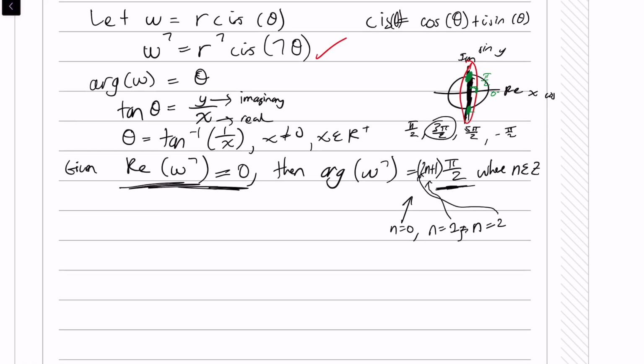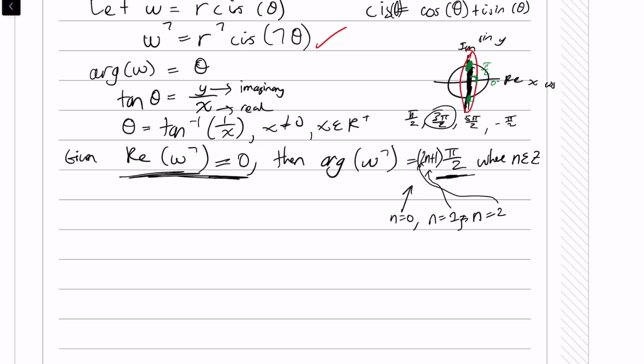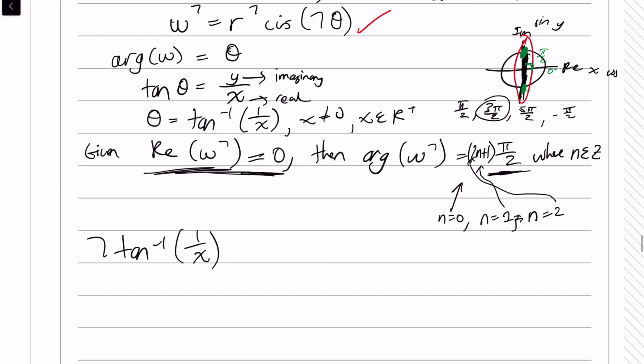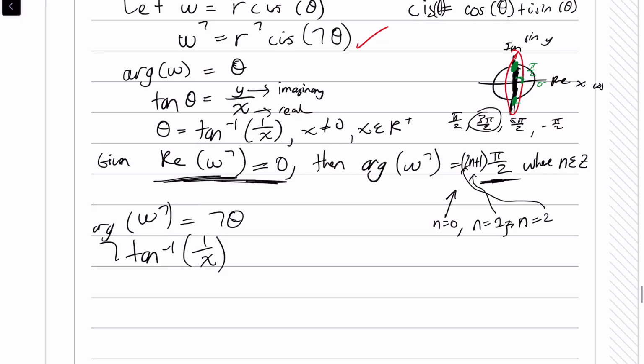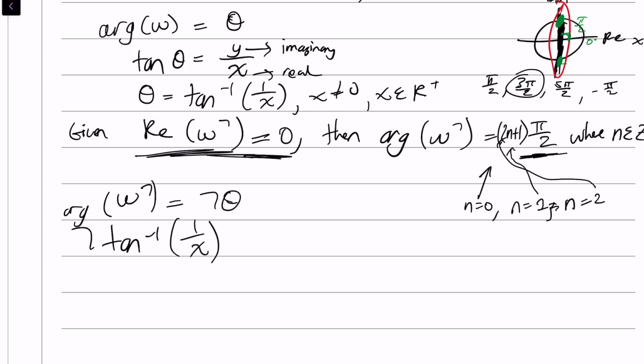So now I can work with this formula. My argument for w to the power of 7 is going to be 7 theta, because that's De Moivre's theorem essentially, and my theta value is up here.